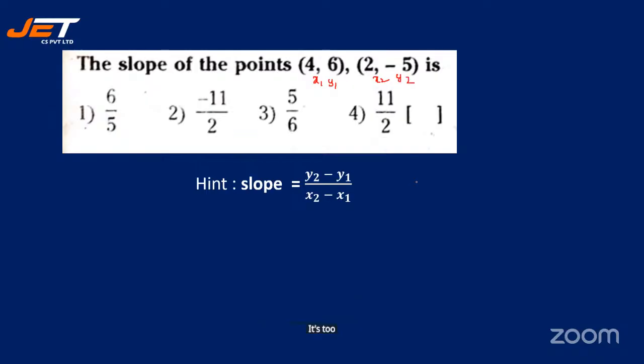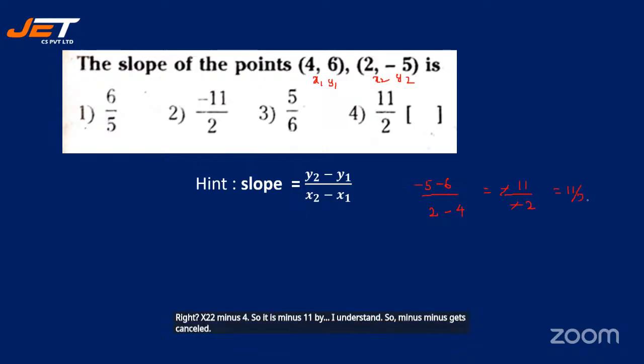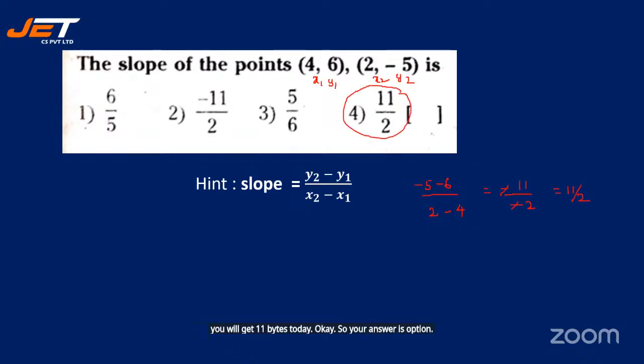So y2 minus y1 is minus 5 minus 6, by x2 minus x1, which is 2 minus 4. So it is minus 11 by minus 2. The minus minus gets cancelled, and you will get 11 by 2. So your answer is option 4. Let's see. Yes, it is.